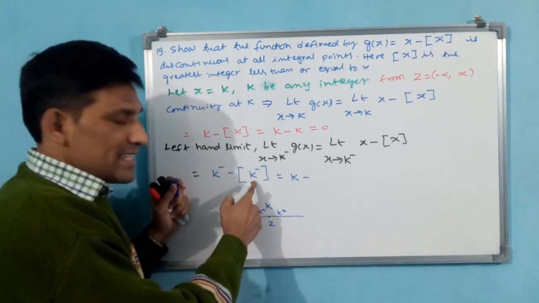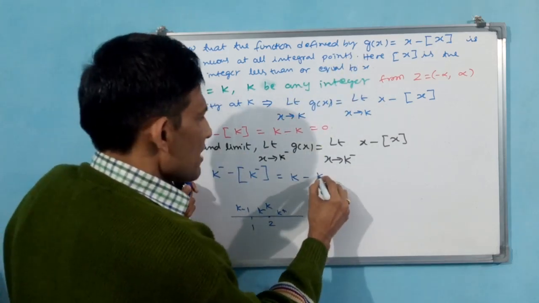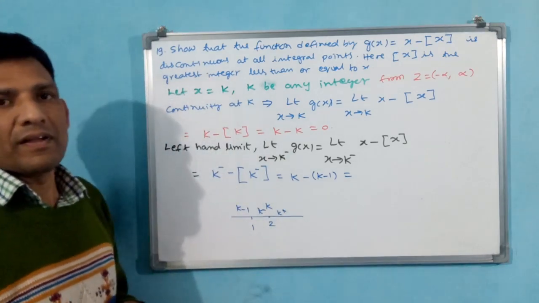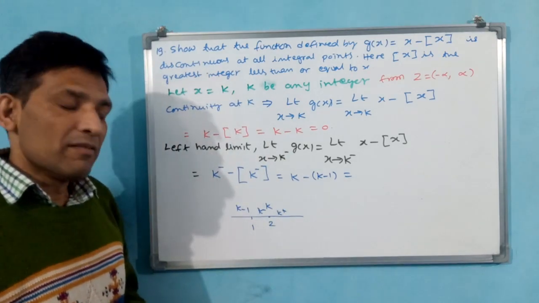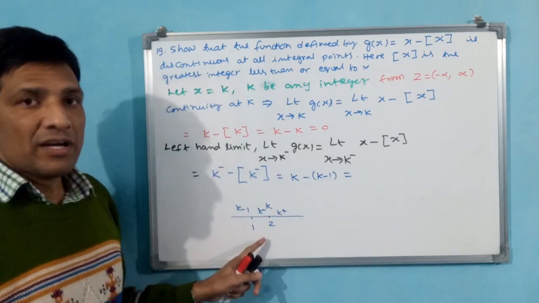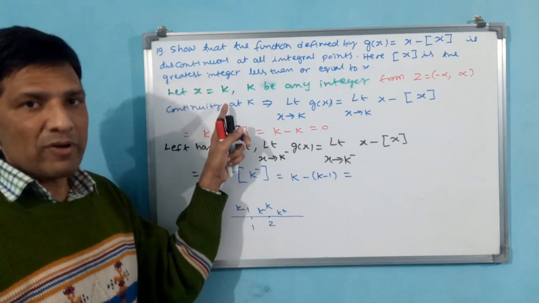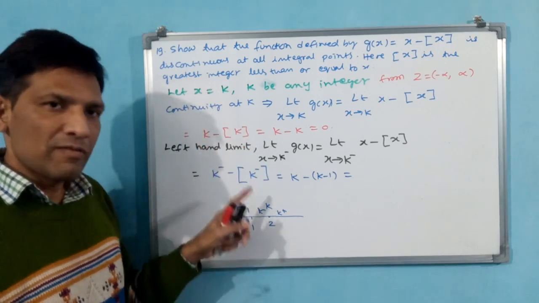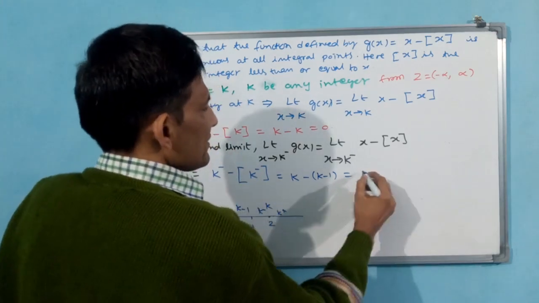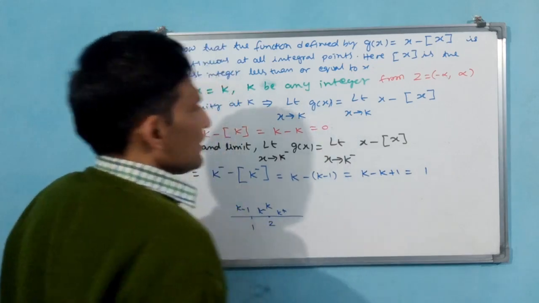That means slightly less than k, in the greatest integer function, it will give k minus 1. Even 1.99999 will give 1 only. Here k is a general number we are giving, because we cannot show only one number. K minus 1 will come. So k minus (k minus 1) is k minus k plus 1, that is equal to 1.